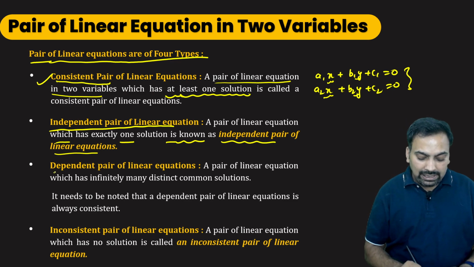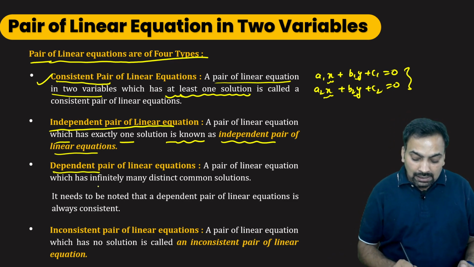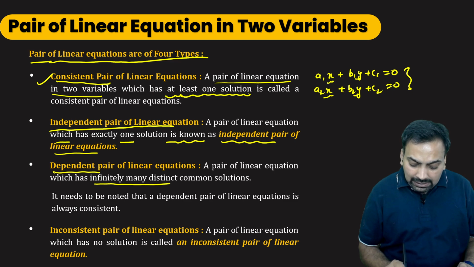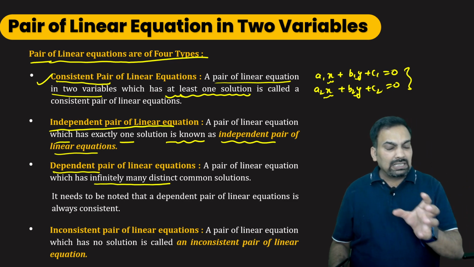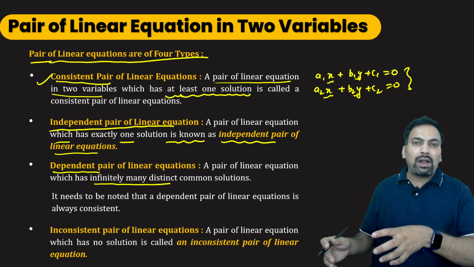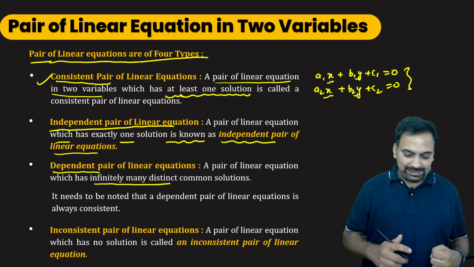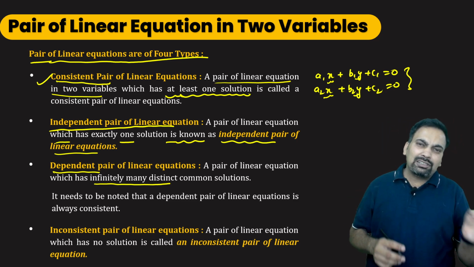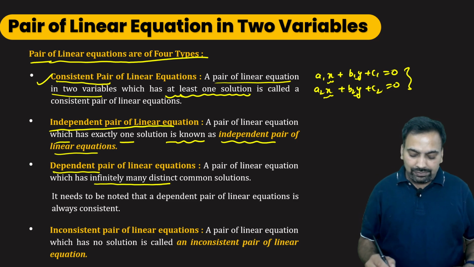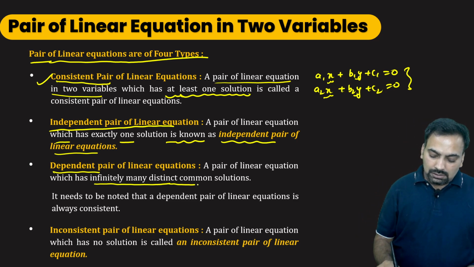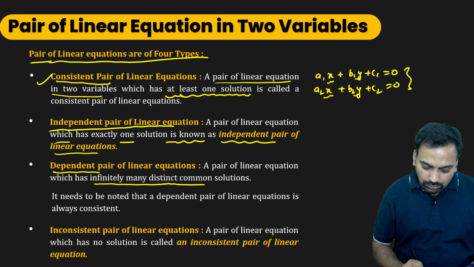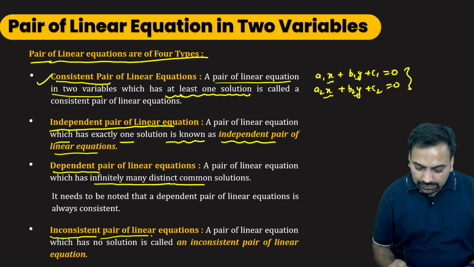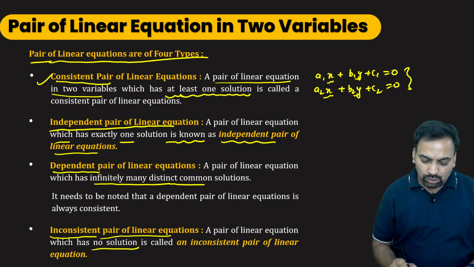And what about dependent? Dependent means infinitely many distinct common solutions. Distinct common solutions means different solutions. Infinite solutions, but different. This is a dependent pair of linear equations. And I already told you, inconsistent pair of linear equations means no solution.